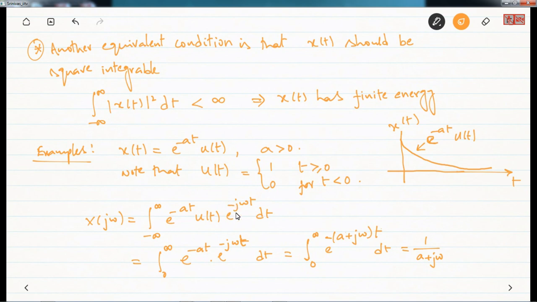So this minus sign should be there because we are correlating x of t with all the complex exponentials, right? Okay, it's minus j omega t. So it is e power minus at e power minus j omega t dt. So this becomes integral 0 to infinity e power minus a plus j omega t, and so on.